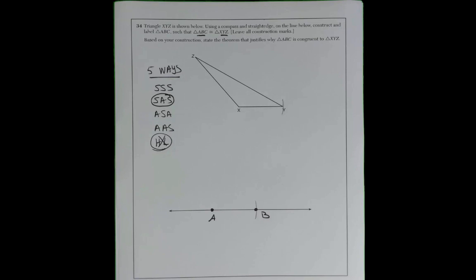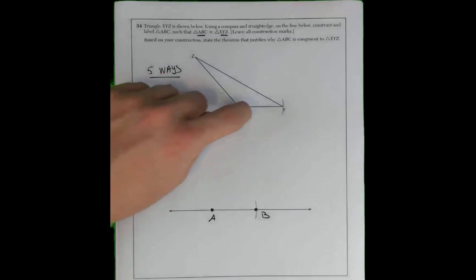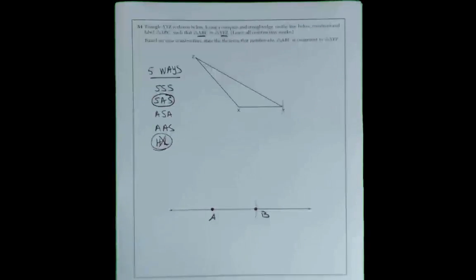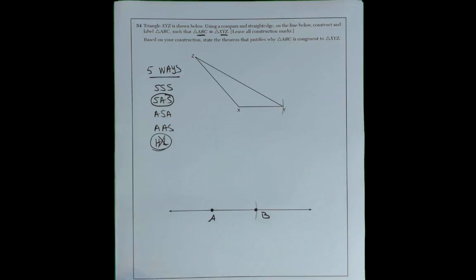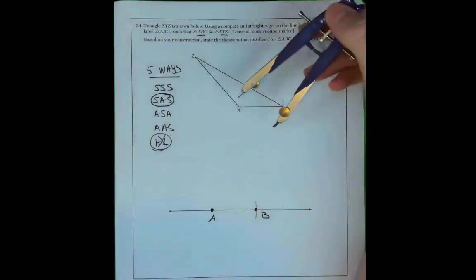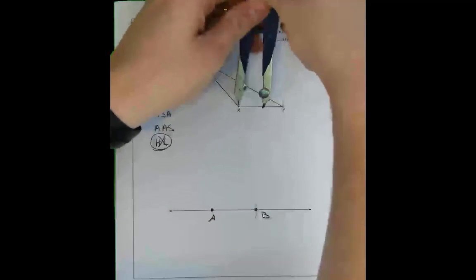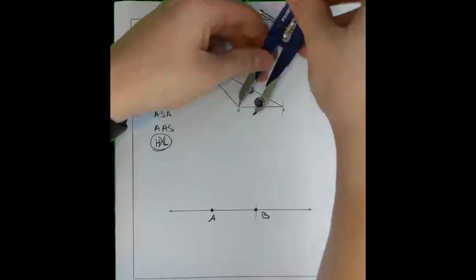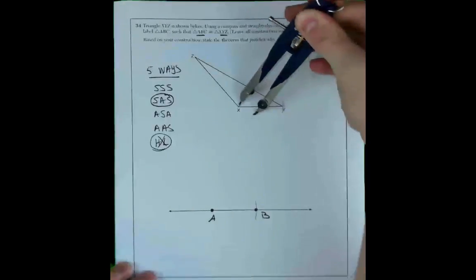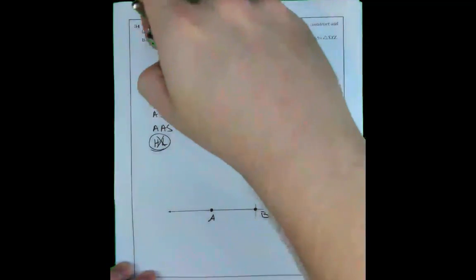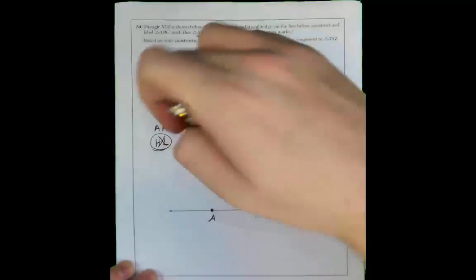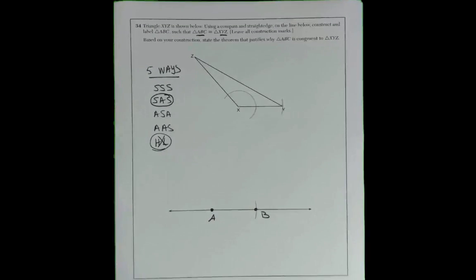Now I have to copy an angle. Well, I'm going to copy angle X because that's probably the easiest way to do it. So what I do is I take my compass point, I place it on X, and I pick a reasonable arc length of my choice. What I then do is I swing my compass all the way around angle X, and it has to touch the triangle at 2 points of intersection.